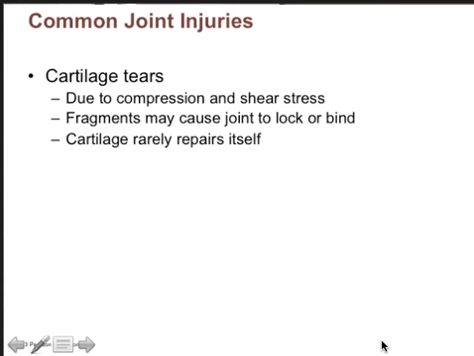The cartilage rarely repairs itself, so generally we have to undergo arthroscopic surgery where we actually drill tiny holes into the joint and use special instruments that are guided by fiber optic cameras in order to reattach the ligaments or tendons that might be torn out of place.